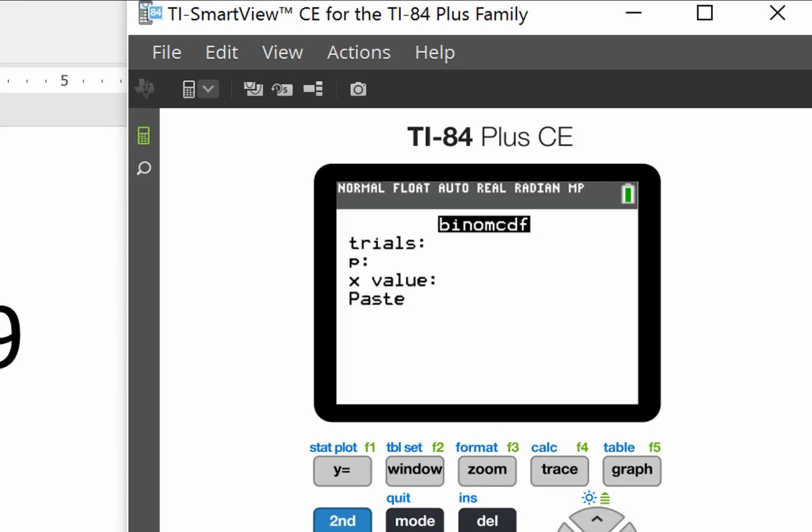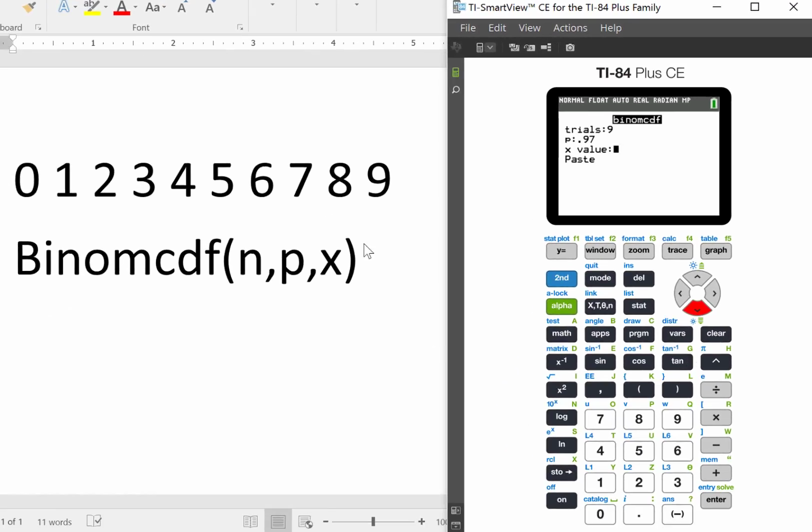So trials is 9. P, I think it was 0.97. Yes, so 0.97. Now the x value, if it said at most 8, so 8 or fewer, we'd put an 8 in there, and it would sum up 0, 1, 2, 3, 4, 5, 6, 7, and 8.